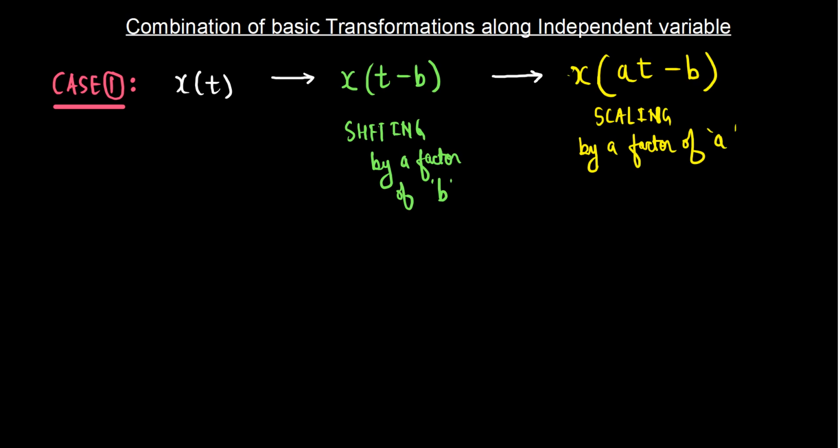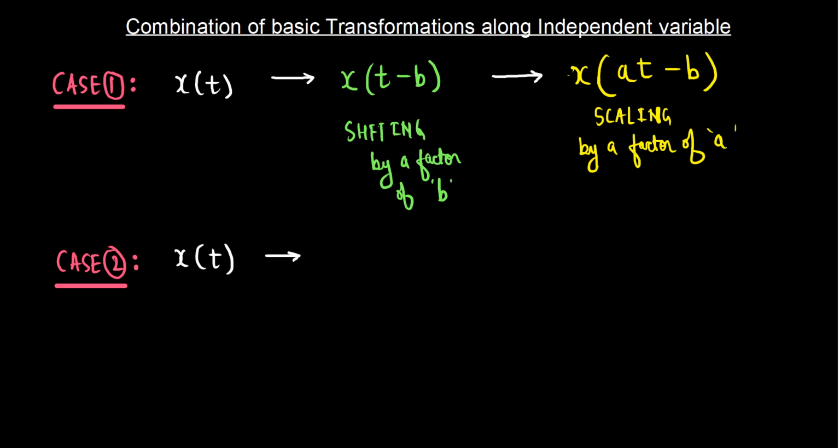Now let's take another case. Let's exchange the order of these operations. Case 2. Consider the same signal x of t, but now instead of shifting the signal, we scale the signal.